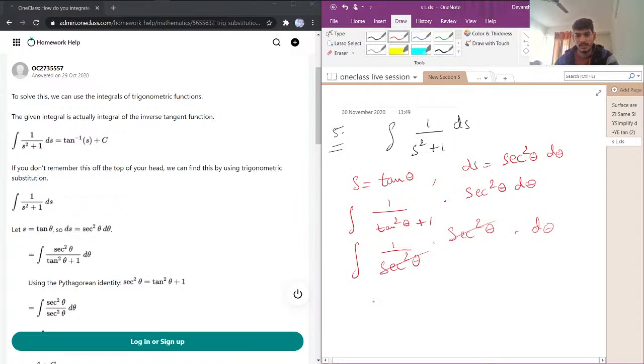Secant square will cancel, and integration of 1 d theta will be equal to just theta. Now tangent of theta was s, then theta will be equal to tangent inverse of s. Here we'll have plus c because this is an indefinite integration.